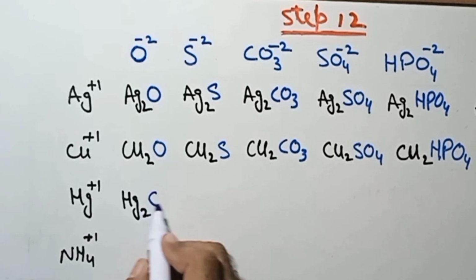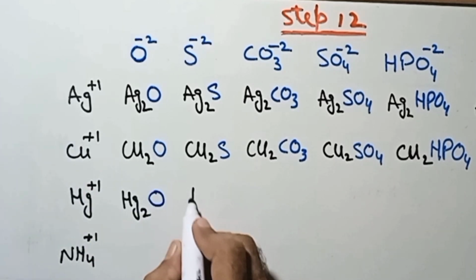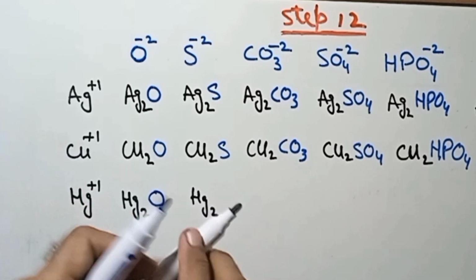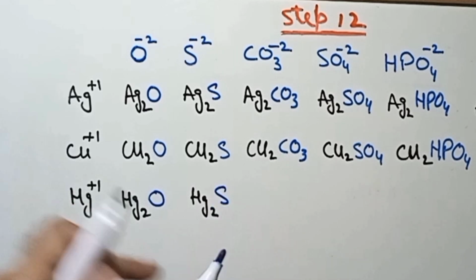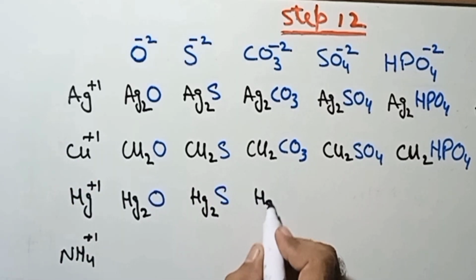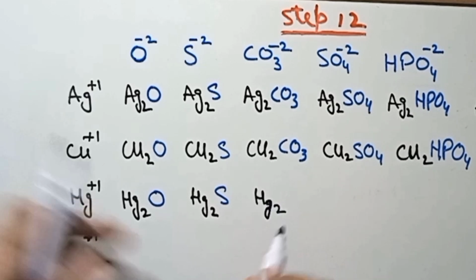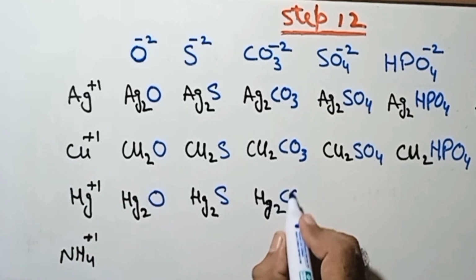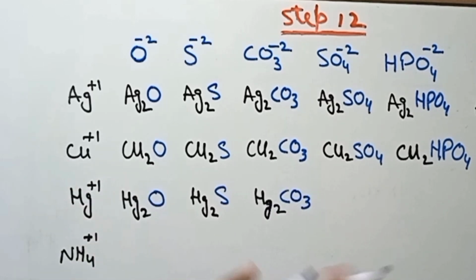For mercurous, Hg2O, mercurous oxide. Hg2S, mercurous sulfide. Hg2CO3, mercurous carbonate.